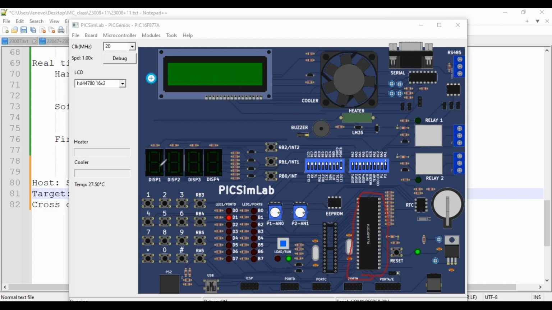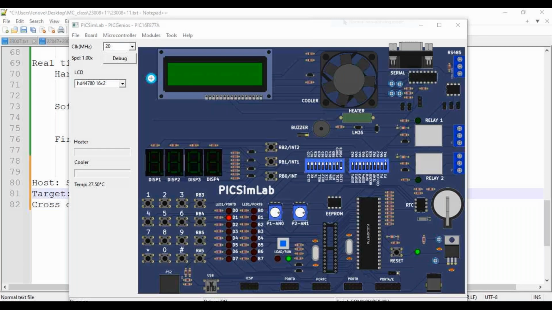All of the most important peripherals are available on this board, and the connection is already made to this microcontroller. We just have to enable that connection and make use of that peripheral using the microcontroller. So the target board is our PICSIM lab board.